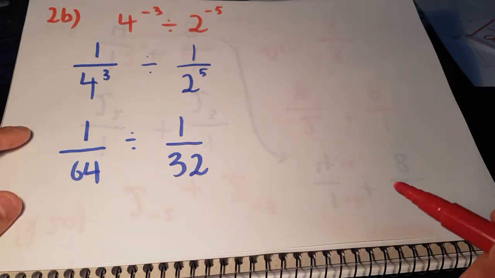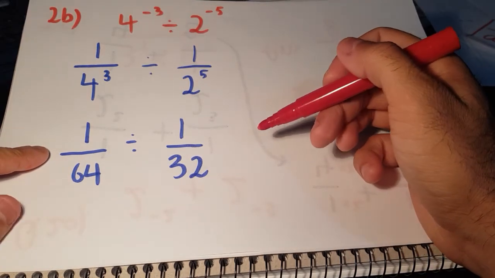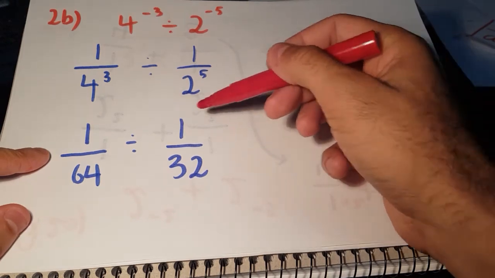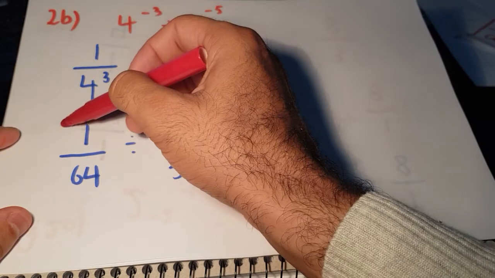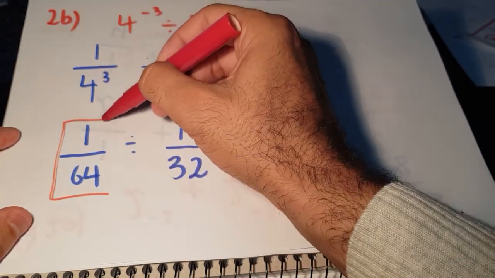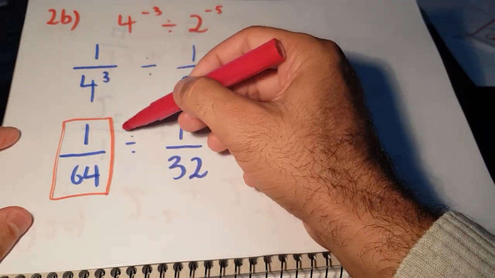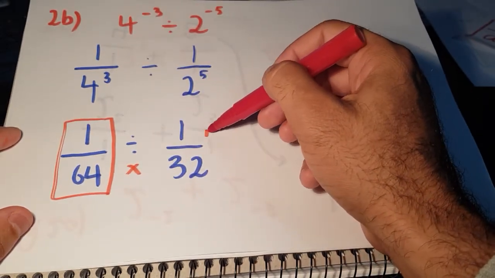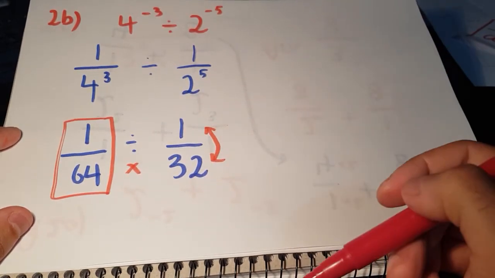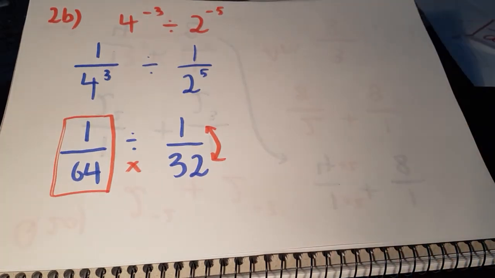So going back to previous years' maths, when we're dividing fractions, we should know that we keep this the same. We don't change this, but we change the division to a multiplication and we flip that.